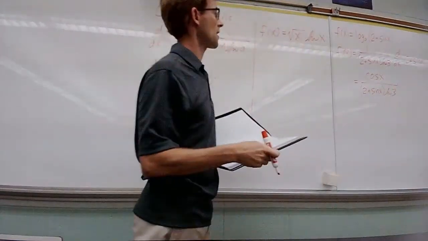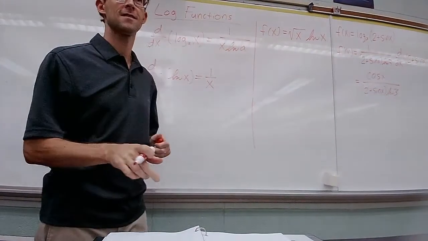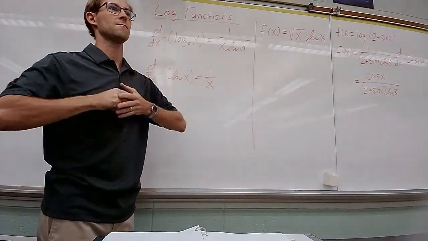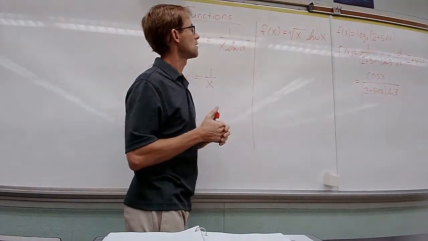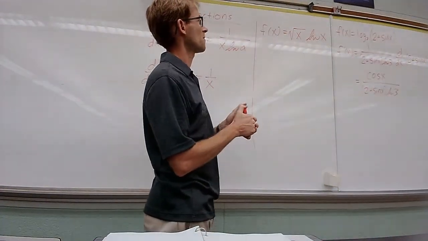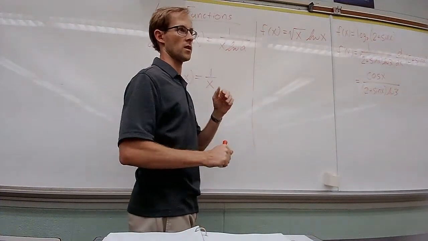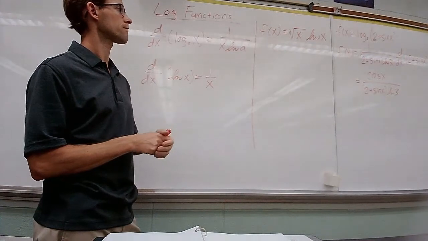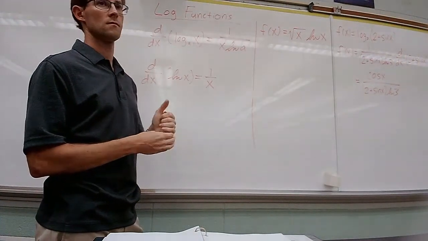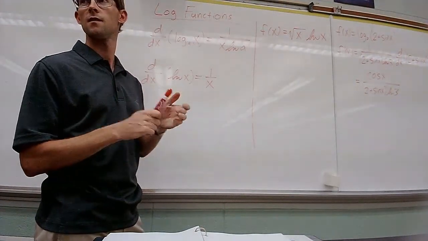So someone tell me how you'd approach this. So the outside function is ln x, right? The entire thing is the outside function. There's not... yeah, these are just two separate functions. Where would you start here? Start with the product rule.